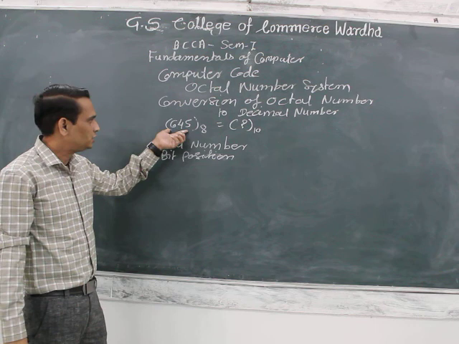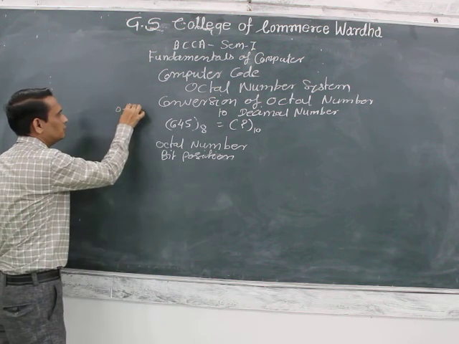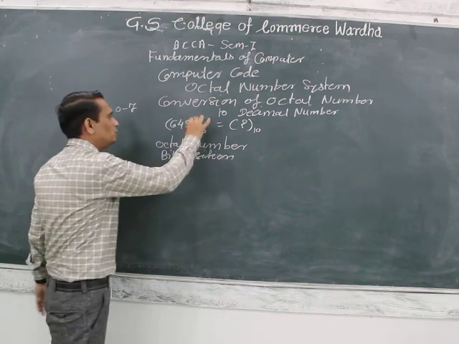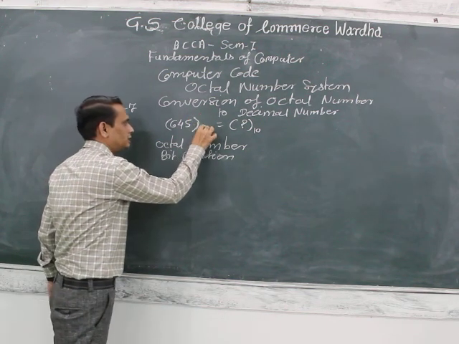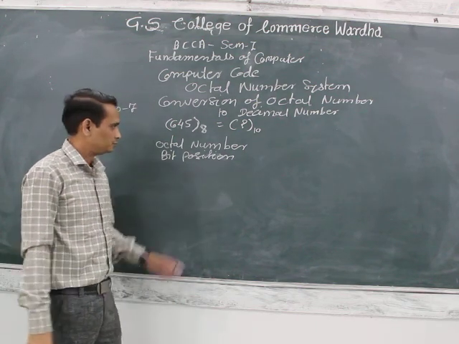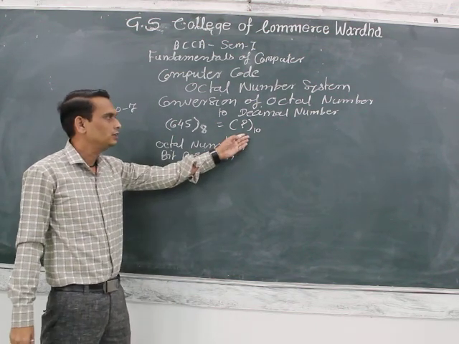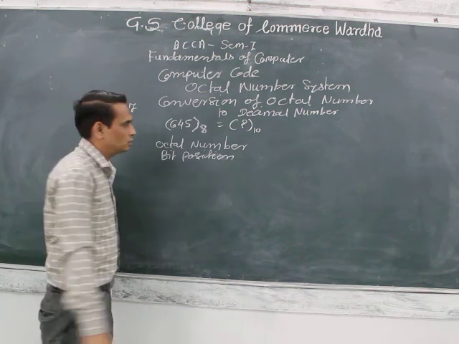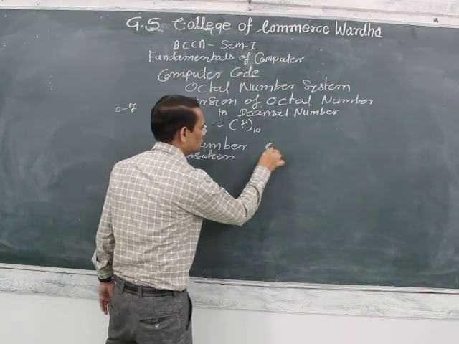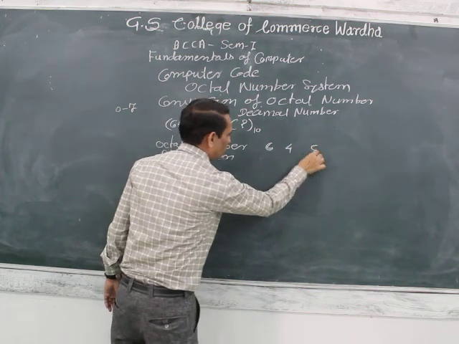It includes digits 0 to 7, so it could be octal as well as decimal. But since we provide the base value 8, it is considered an octal number. We should find the decimal one. So the octal number is 645.